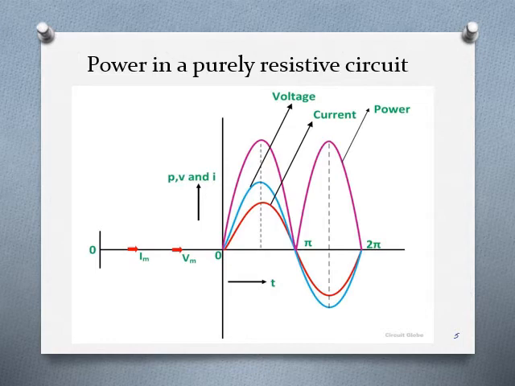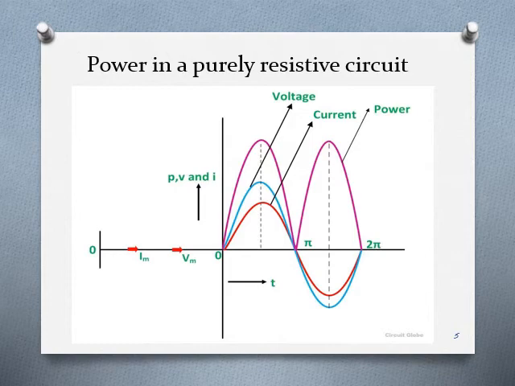You may see that power is actually the product of voltage and current. Now look at the positive half cycle, 0 to pi. There the voltage and current, both of them are positive. So positive into positive will give a positive power. That is why the power is in the positive half cycle with a greater magnitude than voltage and current.